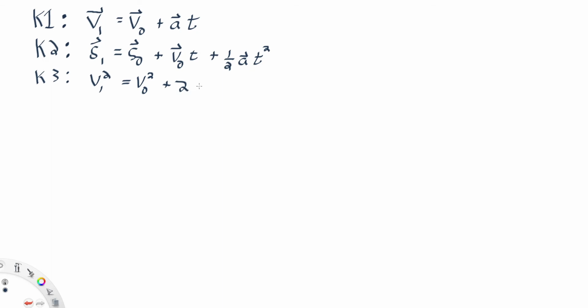Yeah, I'm just going to write this down. I want to make one note here. K1 and K2 are both 2D vector equations. K3 is a 1D scalar equation.